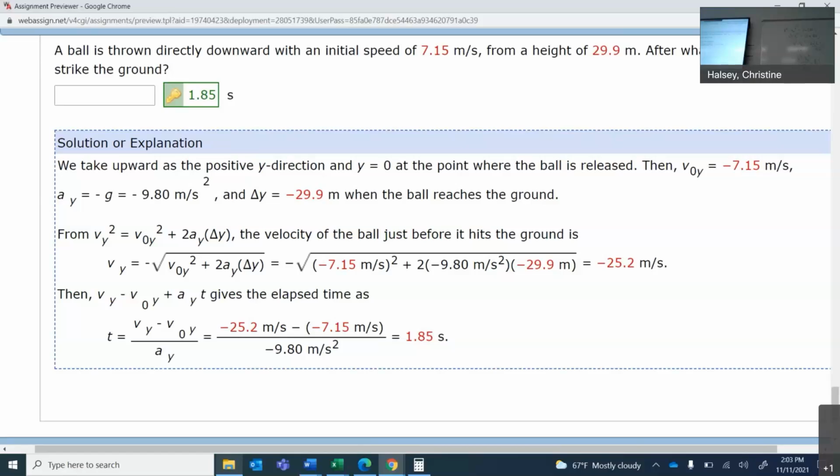Instead of the initial velocity being 0, now the initial velocity is negative 7.15 meters per second. Acceleration in the y direction is negative g, so we end up with negative 9.8 meters per second squared. I was given the change in y at negative 29.9 meters.